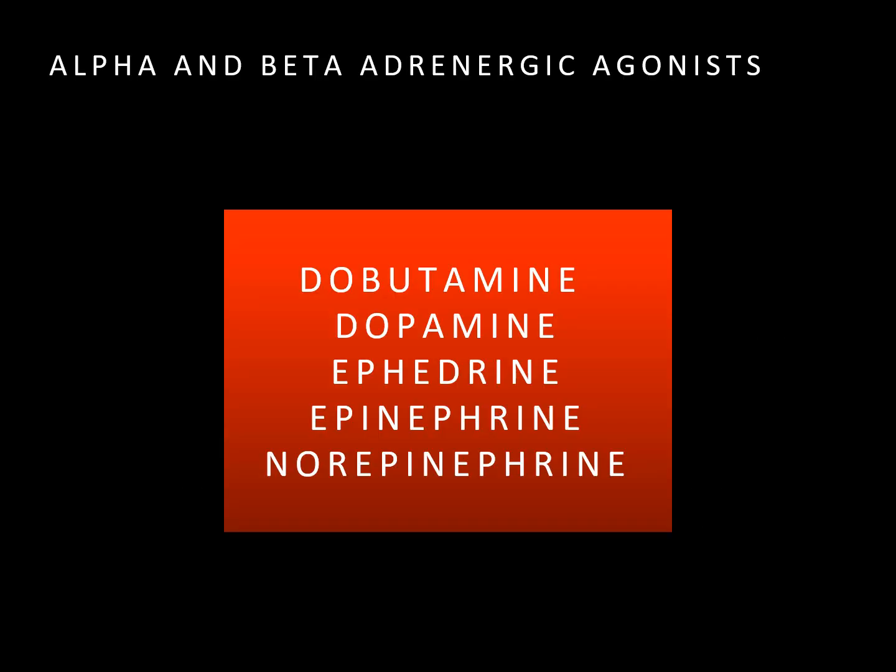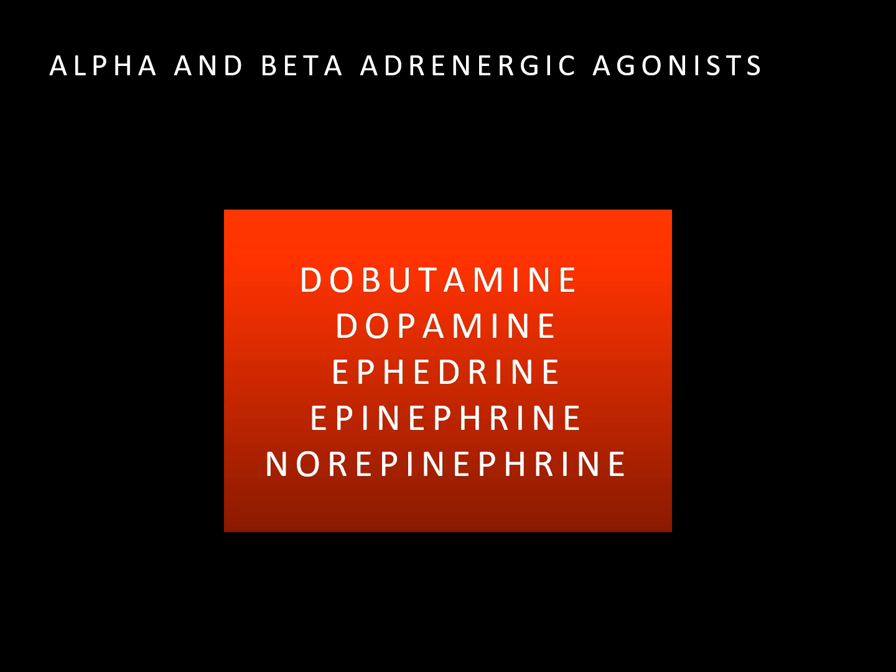Okay, so here's another list of these alpha and beta adrenergic agonists. That means that each of these medications is going to affect alphas and betas in some combination. Dopamine, that is the synthetic version of dopamine. There's dopamine, which is also a neurotransmitter, but can be given as an adrenergic agonist, like a medication. Ephedrine, that should sound familiar.